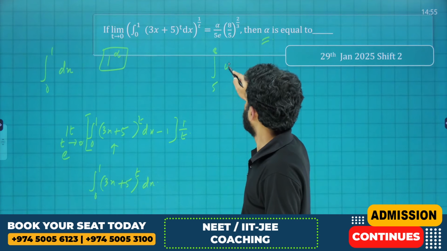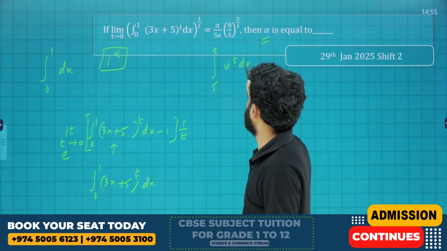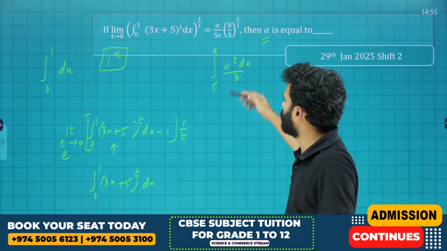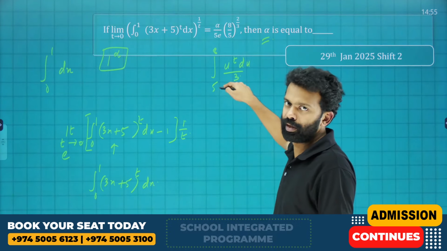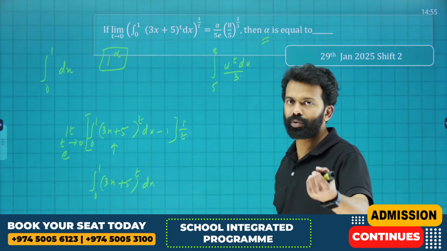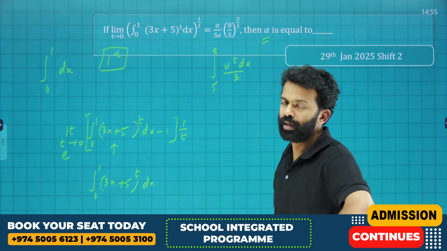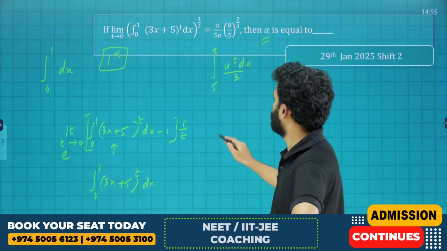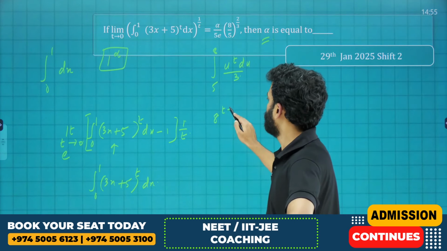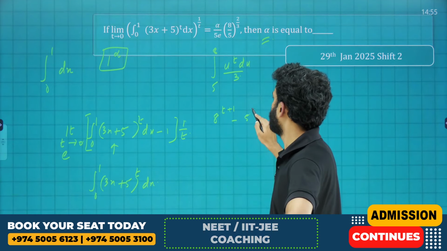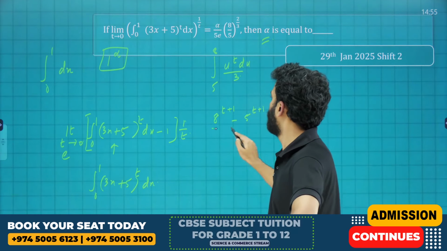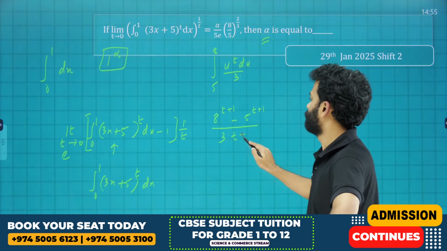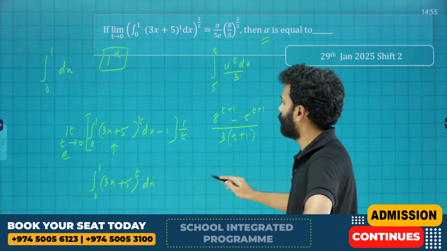It will be u raised to t into du by 3. Next step we can skip. It will be 1 by 3 into u raised to t plus 1 divided by t plus 1, that is u raised to t plus 1 divided by 3 into t plus 1. Substitute values 8 and 5 there, and you will get 8 raised to t plus 1 minus 5 raised to t plus 1 divided by 3 into t plus 1. That's all, this is what this part is.